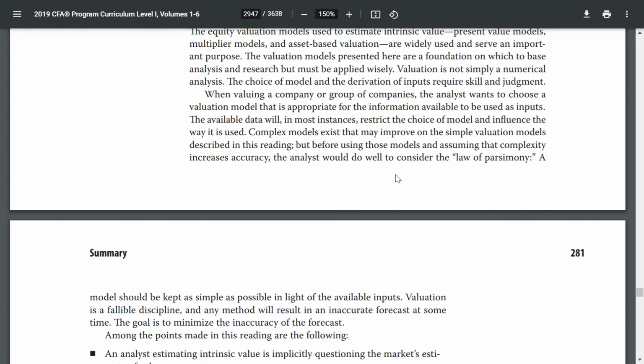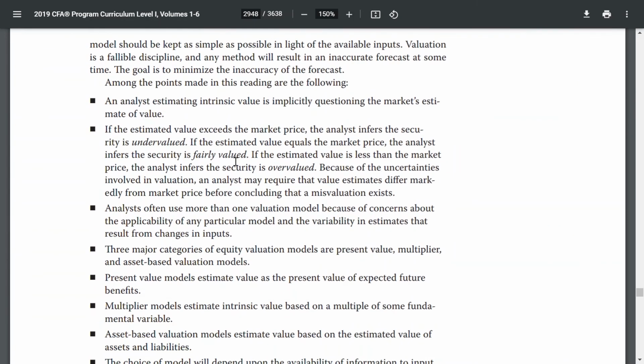The analyst would do well to consider the law of parsimony. A model should be kept as simple as possible in light of available inputs. Valuation is a fallible discipline, and any method will result in an inaccurate forecast at some time. The goal is to minimize the inaccuracy of the forecast.